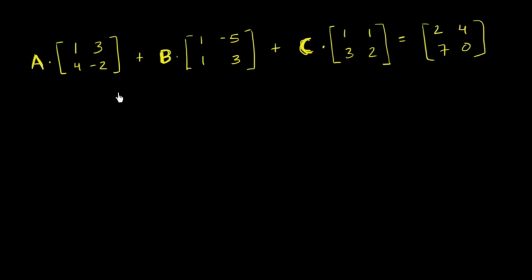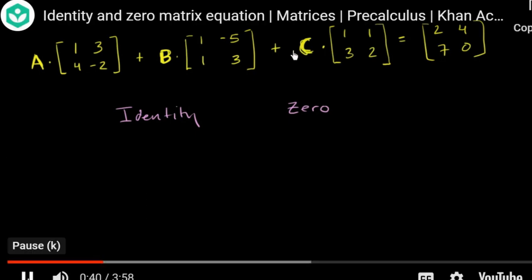They're each either going to be an identity matrix or a zero matrix. So given that clue that each of these are either an identity matrix or a zero matrix, can you pause this video and essentially solve this puzzle? Which of these are identity matrices and which of these are zero matrices?